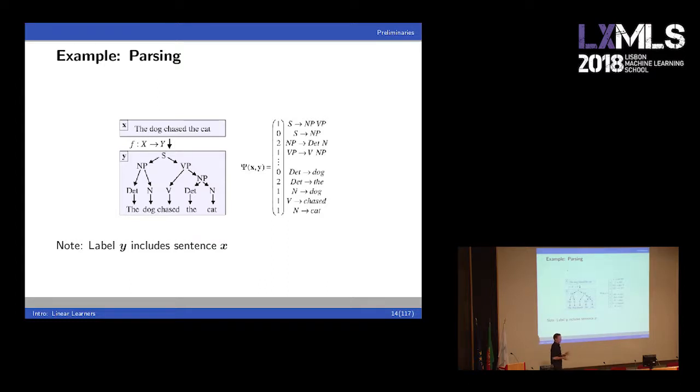So it's a somewhat convoluted feature representation, but I just wanted to show you a few examples of this notation X and Y. It can be very many things: translations, so strings, sequences, trees, or just categorical labels from 10 classes or 2 classes.